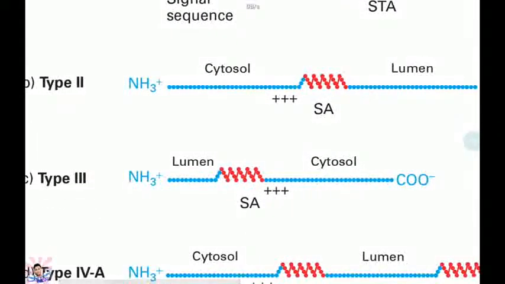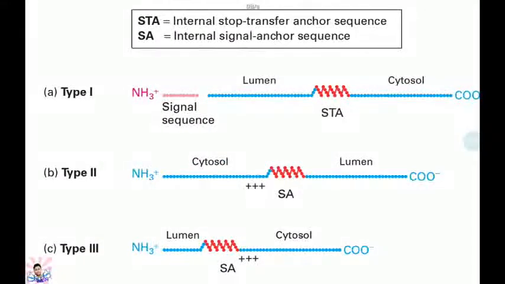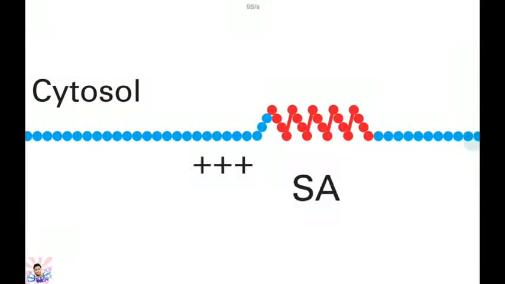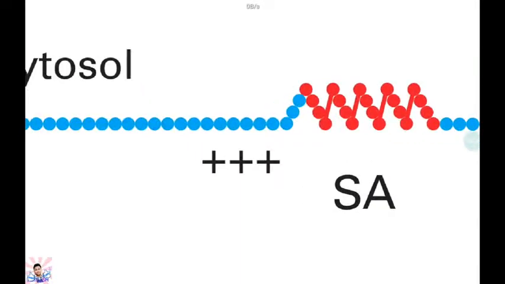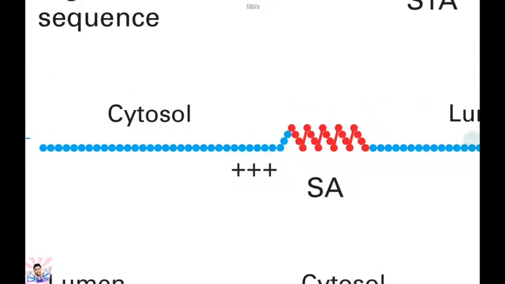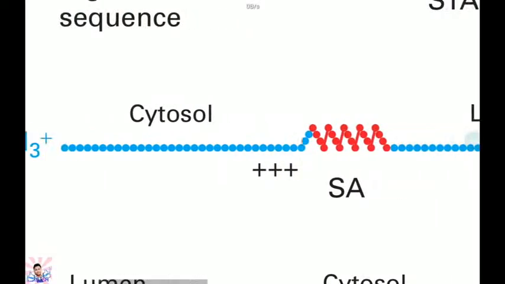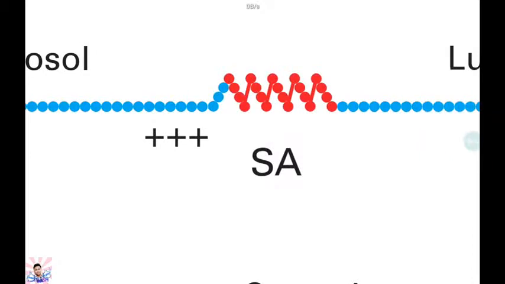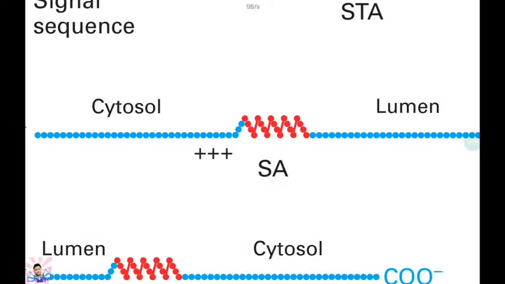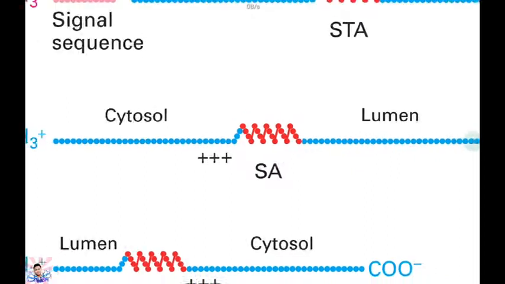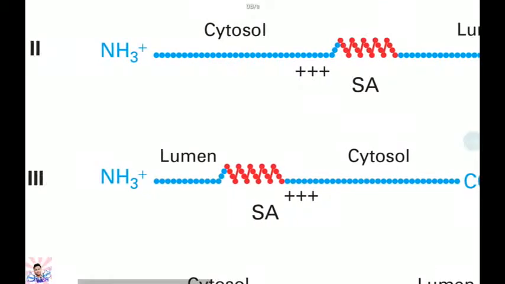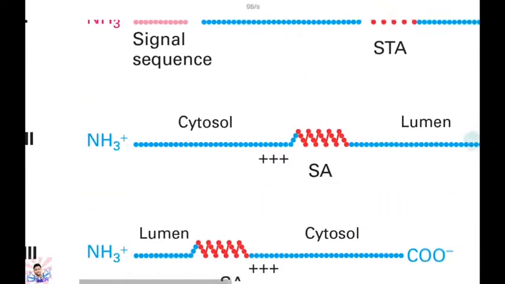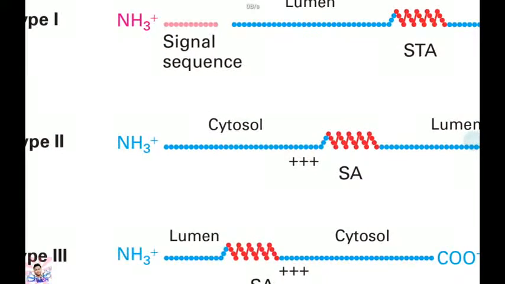Both cases contain the SA, the internal signal anchor sequence, and this signal sequence possesses a positively charged part. As you can see, this positively charged part is facing the cytosol, no matter whether it is N terminal or carboxyl terminal. The only thing that matters is that the positively charged amino acids must face the cytosol, and the hydrophobic region is there. In type 3, the positively charged part is towards the cytosolic region, so it doesn't matter whether it is N terminal or C terminal.